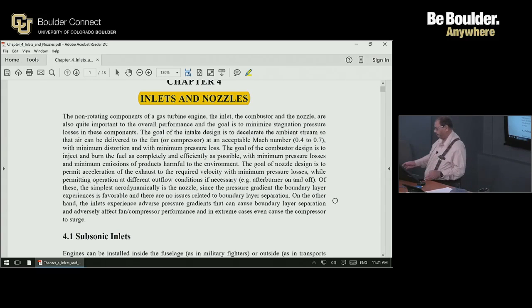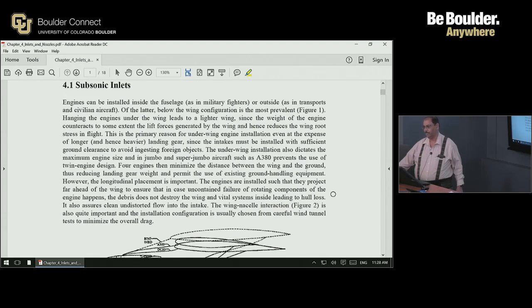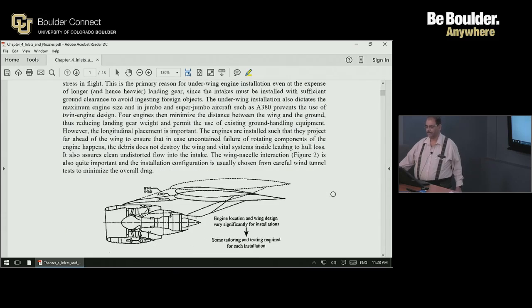Now, let's talk about subsonic inlets. Okay. Now, looks like the most favored configuration as far as engine installation is concerned is underneath the wing.